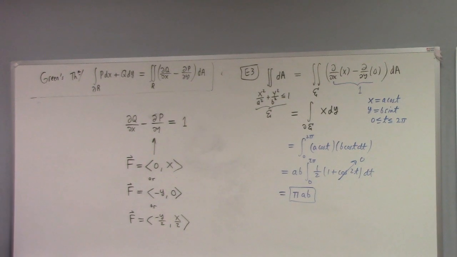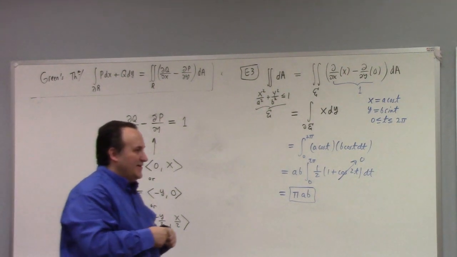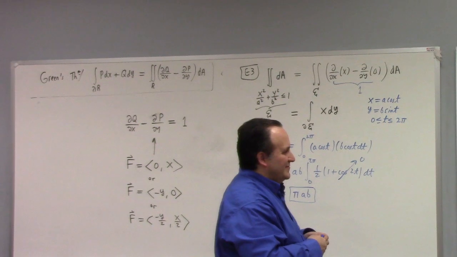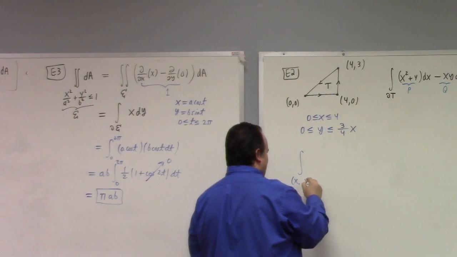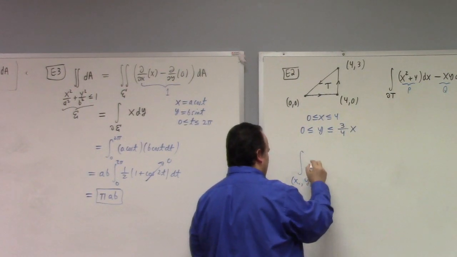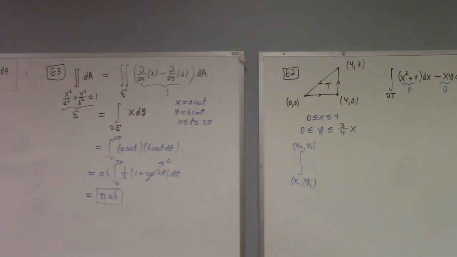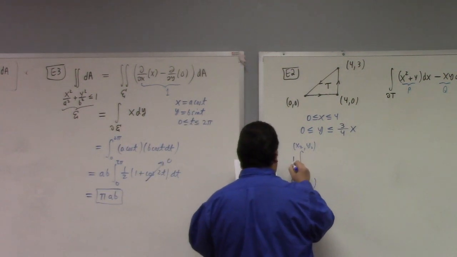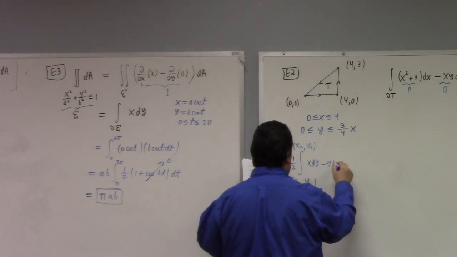So, any questions? Well, there's a question. Now there's a super neat example in the notes where you can work out the integral from x1, y1 to x2, y2 of 1/2 x dy minus y dx, and you can work it out.